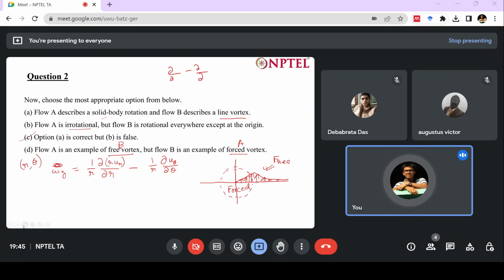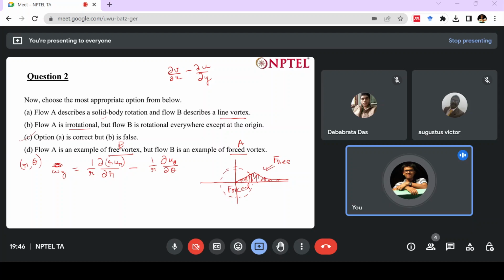So here we are talking about the off diagonal component. Off diagonal components means if it is y directional velocity, then the derivative is taken with respect to x. If x directional velocity is here, then the derivative is taken with respect to y. Here also the same thing.